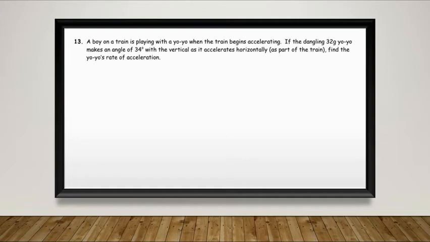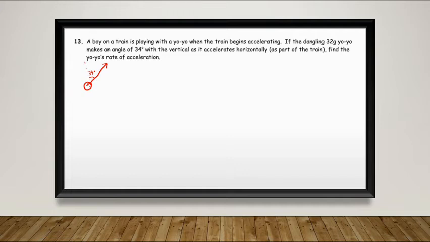So in this case, we have a boy playing on a train with a toy yo-yo. And the toy yo-yo makes an angle of 34 degrees with the vertical once the acceleration happens. Okay, so that's what's happening here.